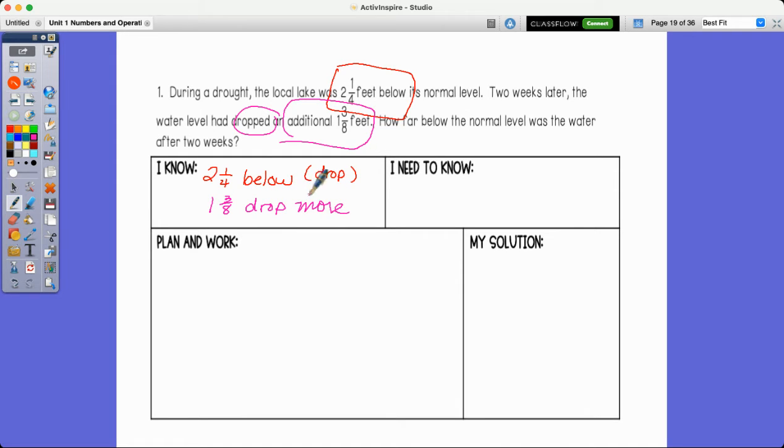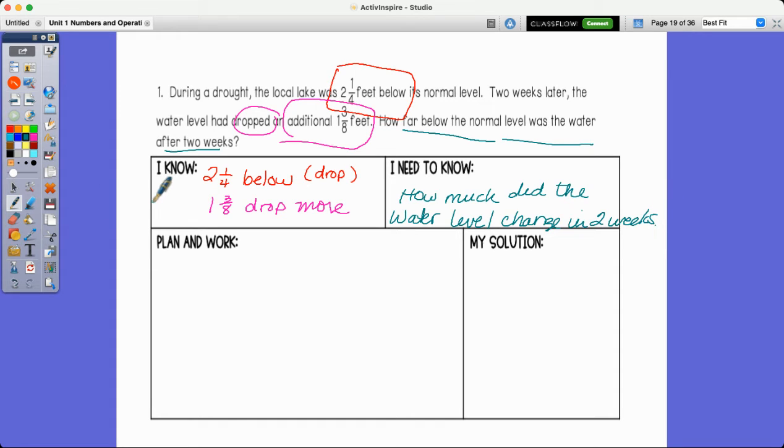Sorry, I need to know. So what do I need to know? Need to know is you're going to go to that question and you're going to go right back after it said, how far below was the normal level after 2 weeks? I need to know how much did the water level change in 2 weeks.